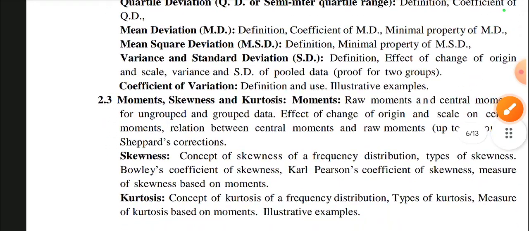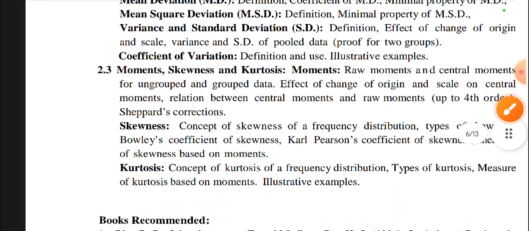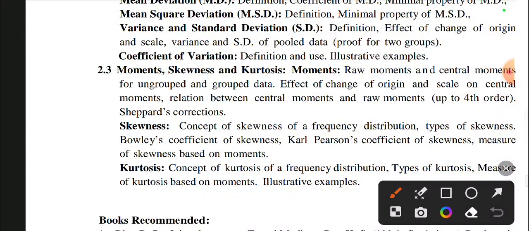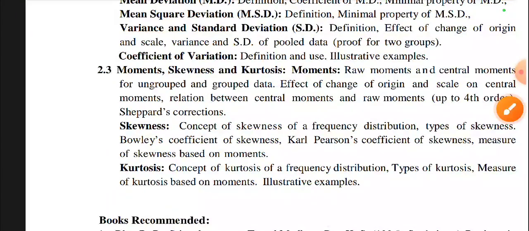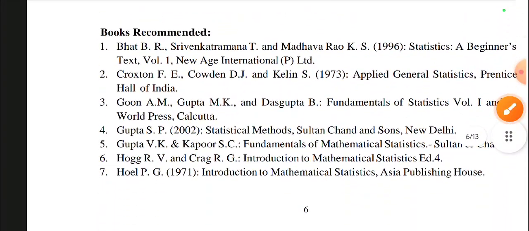The third subunit is moments, skewness, and kurtosis, where we need to understand what is meant by moments, skewness, and kurtosis. And these are the reference books for descriptive statistics part 1.